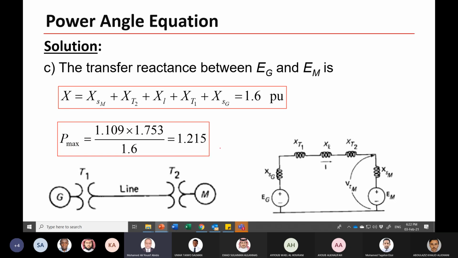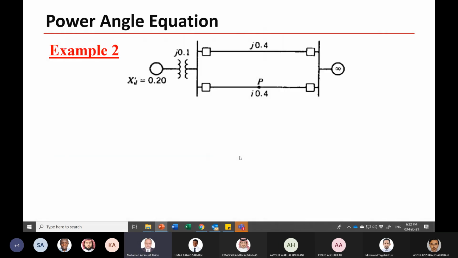In this case you can send more power. Before, for a single line, the system was unstable, but here you increase the transmission capacity by adding another line, so you can send more power, 1.215. Any question?